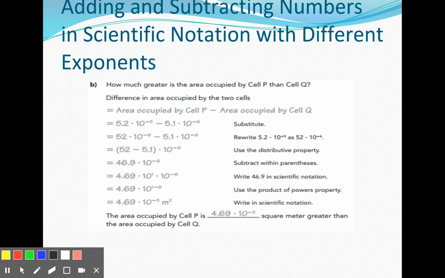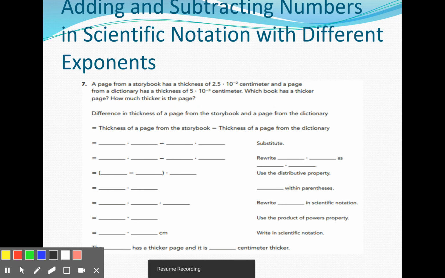Again, they change 5.2 times 10 to the negative fifth into 52 times 10 to the negative sixth. Then they subtracted, got 46.9, brought our decimal over one spot, so they had to include that 10 to the first power. 10 to the first times 10 to the negative sixth makes it 10 to the negative fifth power. Nothing different at all. So let's try this one here.